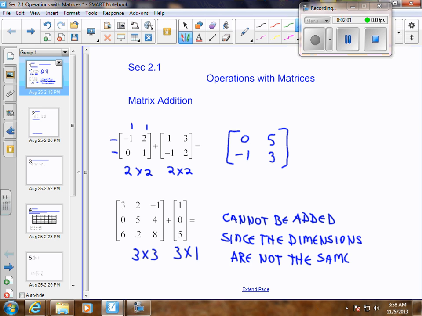So again, to reiterate, to add or subtract matrices, the dimensions must be the same.